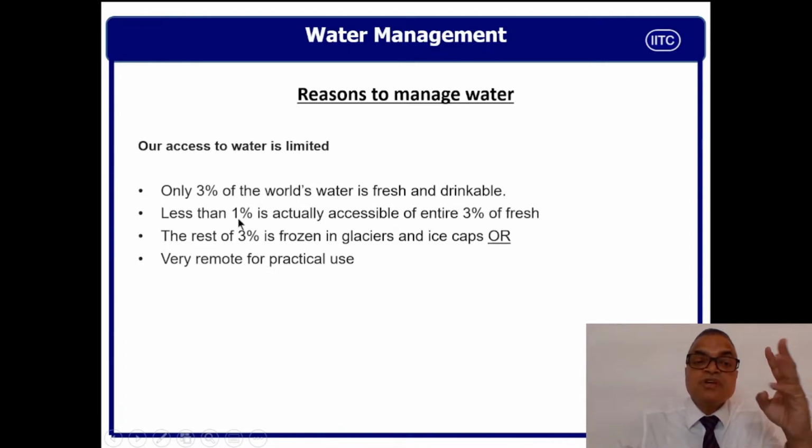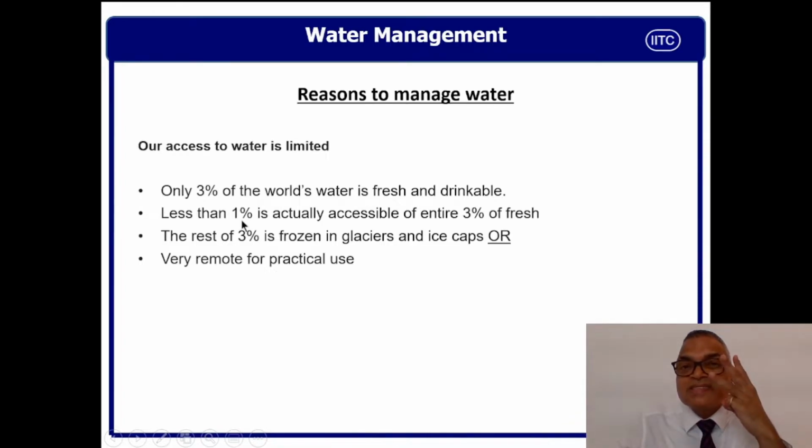So if you have 300 liters of total fresh water available on this earth, we have only 3 liters available for our use. Can you imagine it? So that means the rest, 99% of fresh water, is frozen in glacier stage, ice caps, or available in very remote locations which are not practical to use.